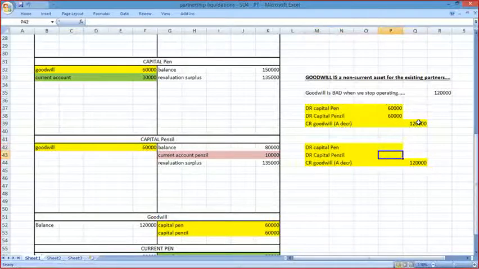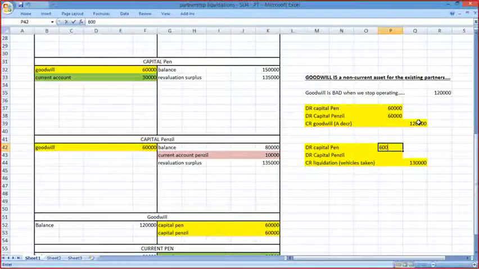Very good, because there's no account for vehicles. Perfect. Liquidation account, brackets, vehicles taken. I'm just putting some brackets to explain what it's for. What did you say the total was? 130, that's correct. And how much did Pen take? 60,000.